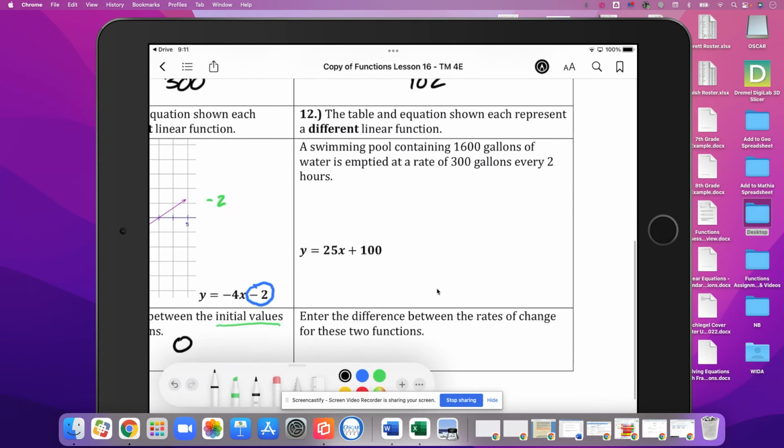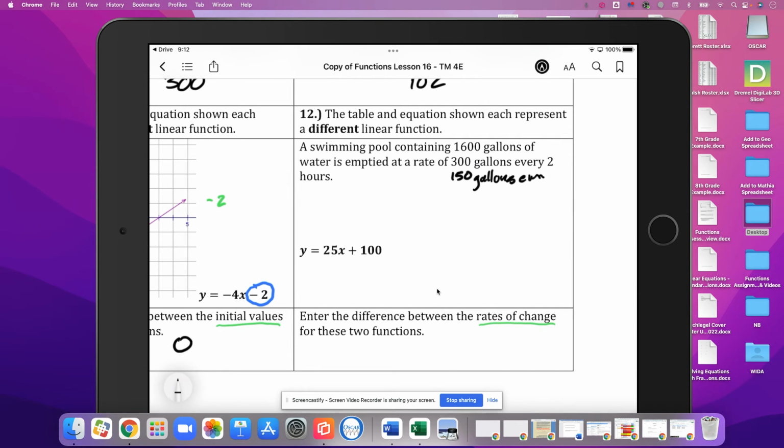Alrighty, number 12. We have a swimming pool containing 1,600 gallons of water that is emptied at a rate of 300 gallons every 2 hours. And we're trying to find the difference in the rate of change of these things. And if you remember from the previous one where we did this, 300 gallons every 2 hours is not the rate of change. It's 150 gallons every 1 hour.